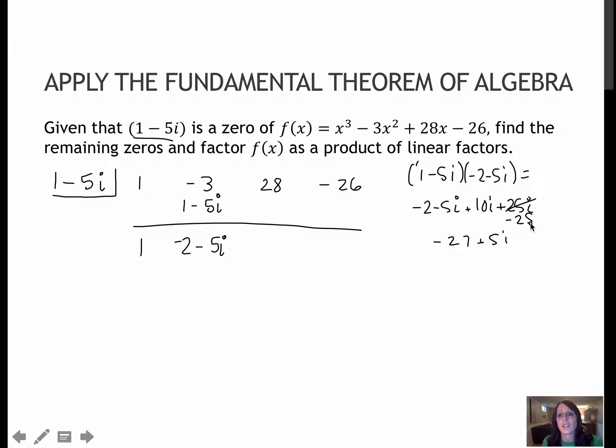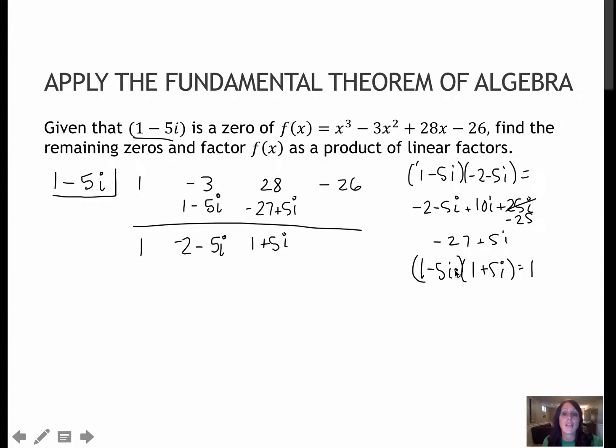So that's what I have left. I had my minus 25 and my -2. So that's -27 plus 5i. I'm going to add that to the 28, which gives me 1 plus 5i. Again, I should be multiplying 1 minus 5i times 1 plus 5i. And when I do that, I get 1 times 1, which is 1.